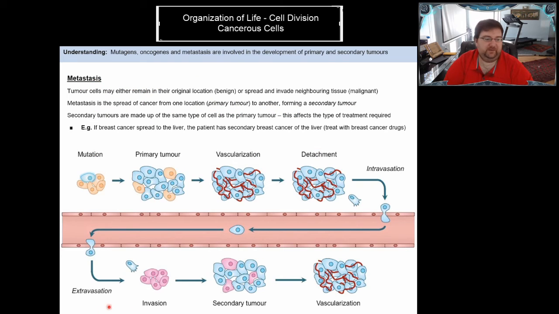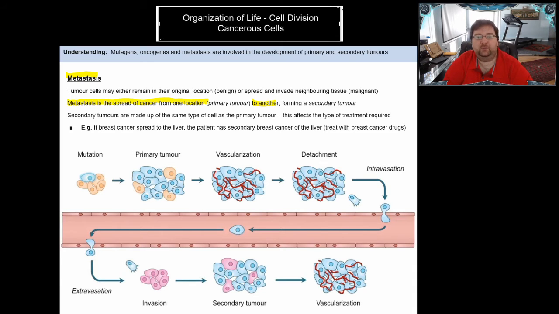Let's look at metastasis now. So metastasis is a word that refers to the spread of cancer from one location to a new location.